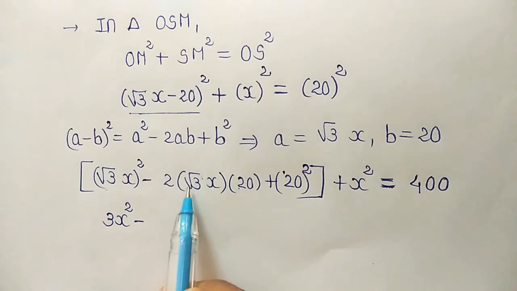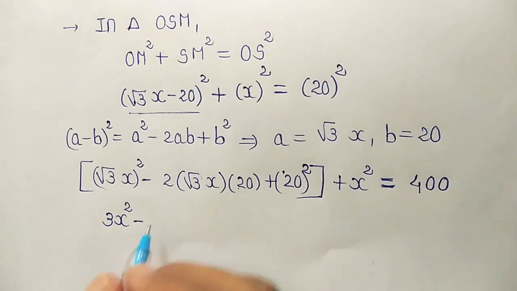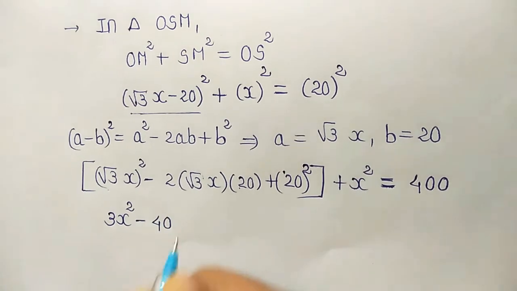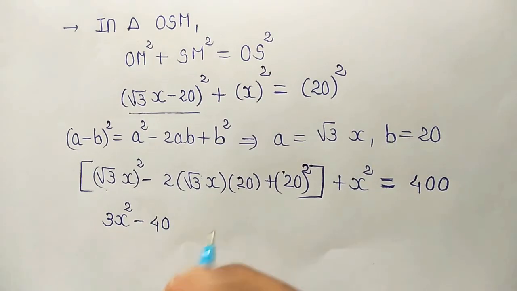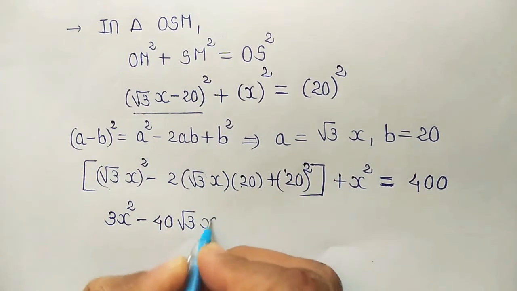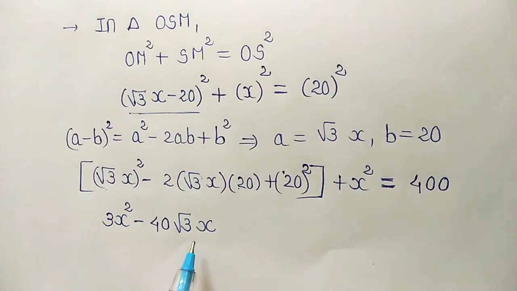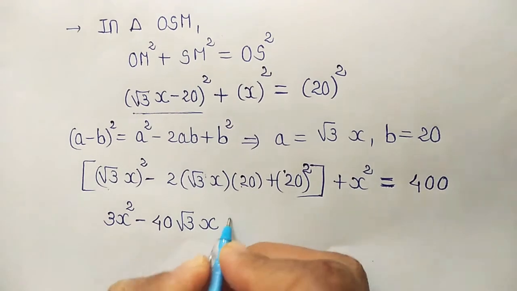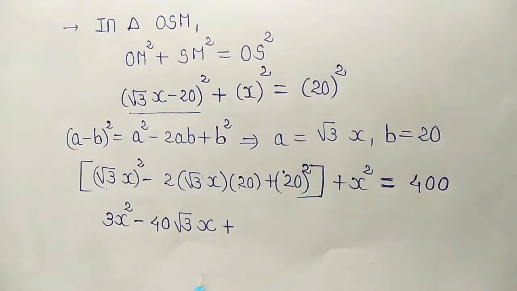This is irrational number. So 2 multiplied with 20 is 40 and root 3 multiplied with x, so 40 root 3x, plus 20 square.